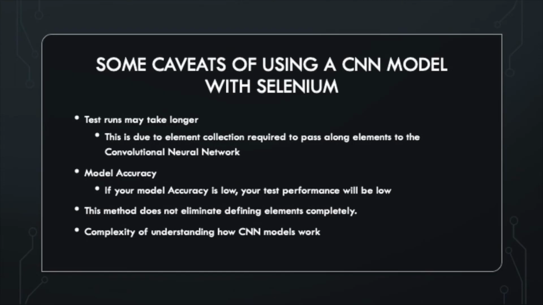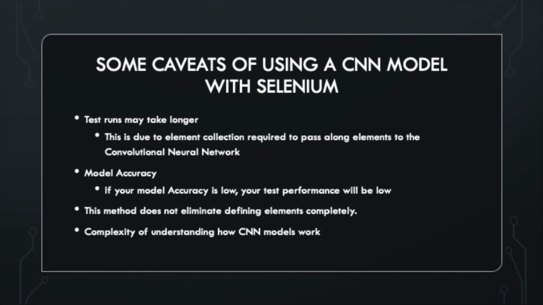Now that you've seen the process flow and code, I'd like to cover some caveats of using a convolutional neural network model within Selenium. The first one is that test runs may take longer, and this is due simply to the element collection that is required to pass along elements to the convolutional neural network.